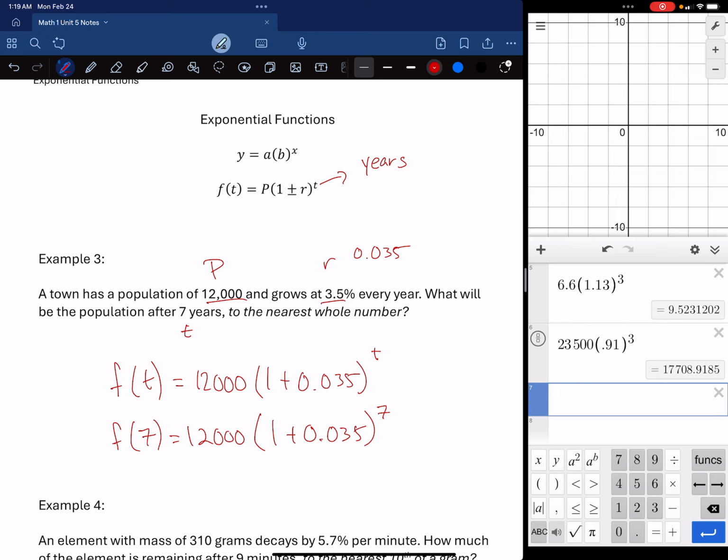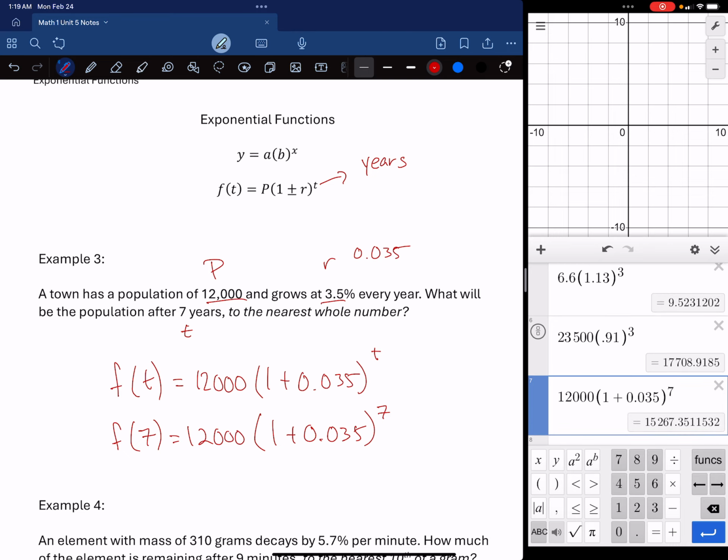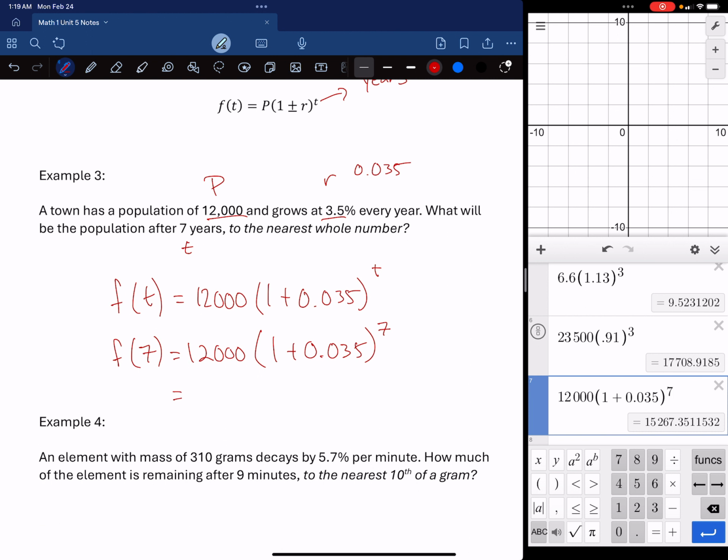Just going to go to our calculator. We have 12,000 times 1 plus 0.035, all raised to the 7th power. So that would be roughly 15,267.3511.